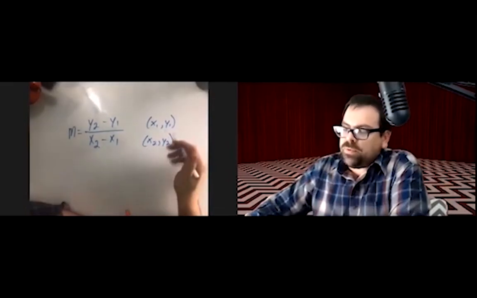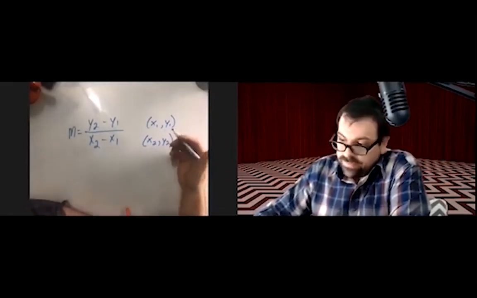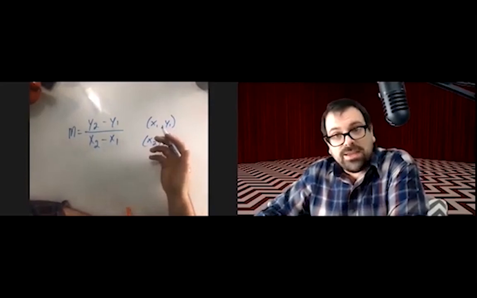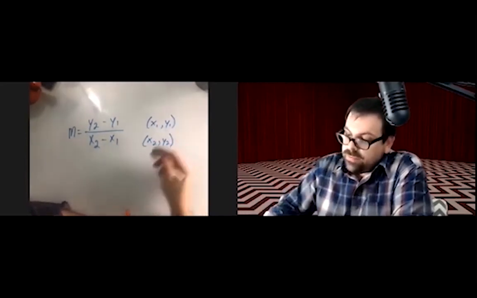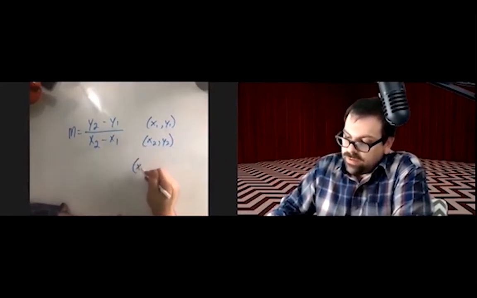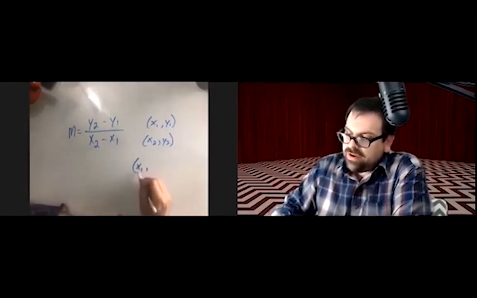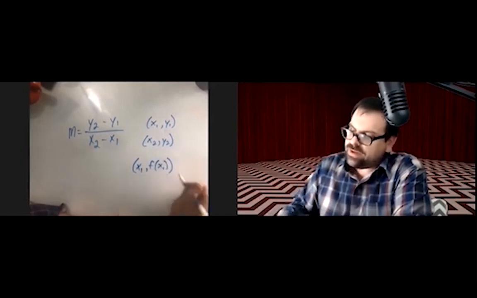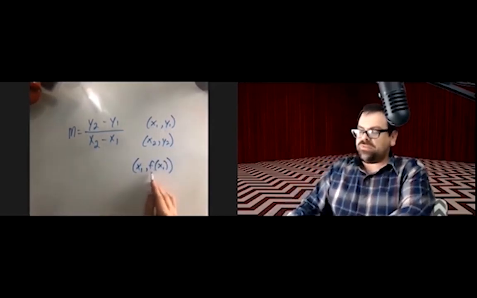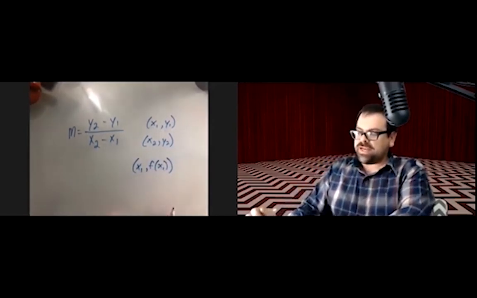If we wrote these points in function form, where instead of y, it's f of x, the point (x1, y1) would have x1 as the x coordinate, but the y coordinate would be f of x1. In other words, the output of the function when the input is x1.